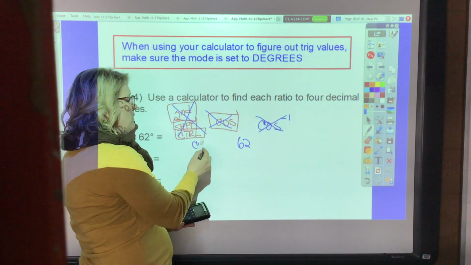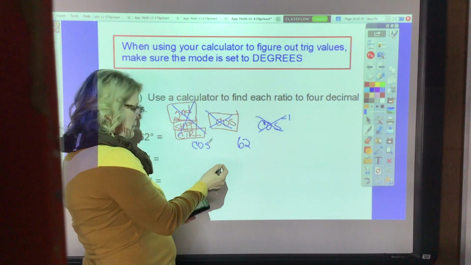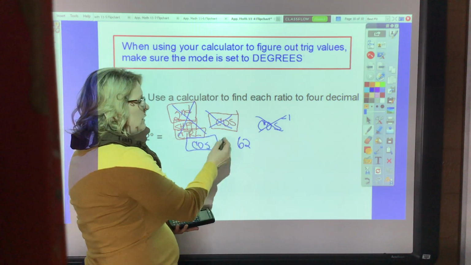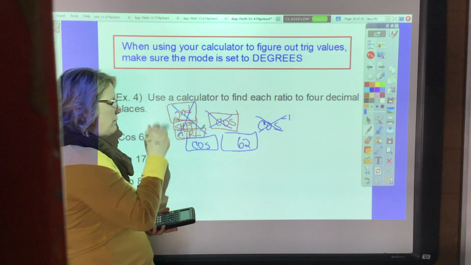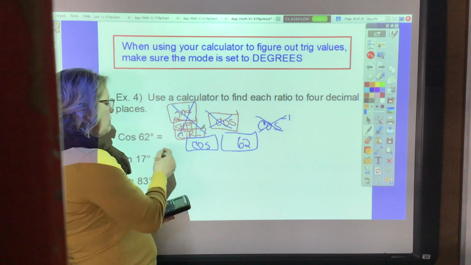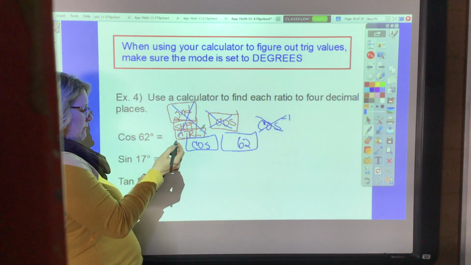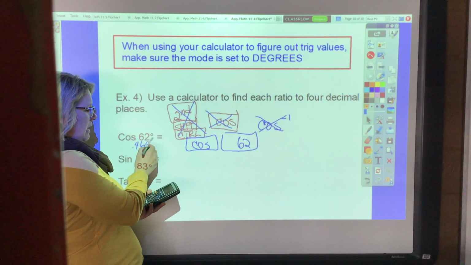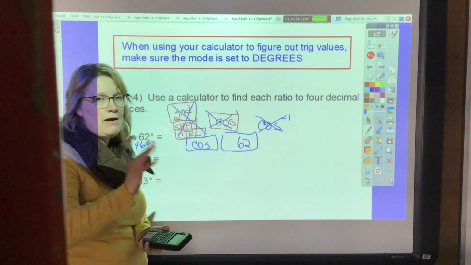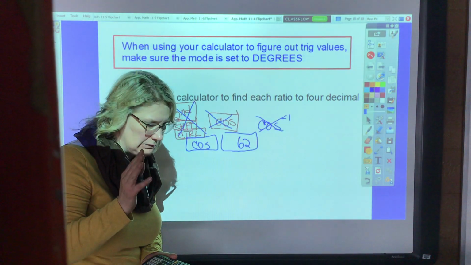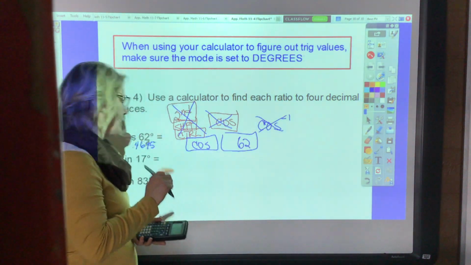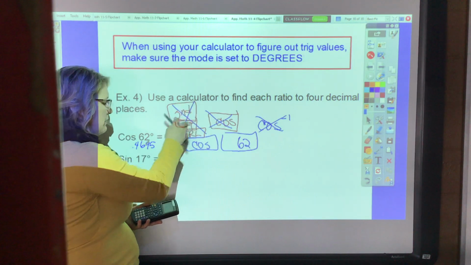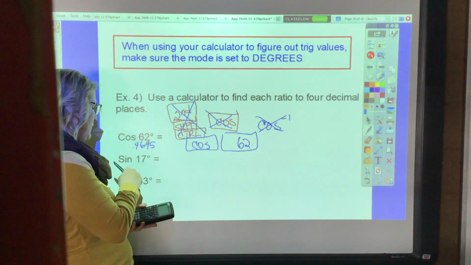We just want to press cosine, that button, and type in 62 and press enter. When I do that, this is what I get for an answer: 0.4695. I am sorry, I should have practiced beforehand. Don't press the second button for this part. We're not going backwards, we're just going to put it in.